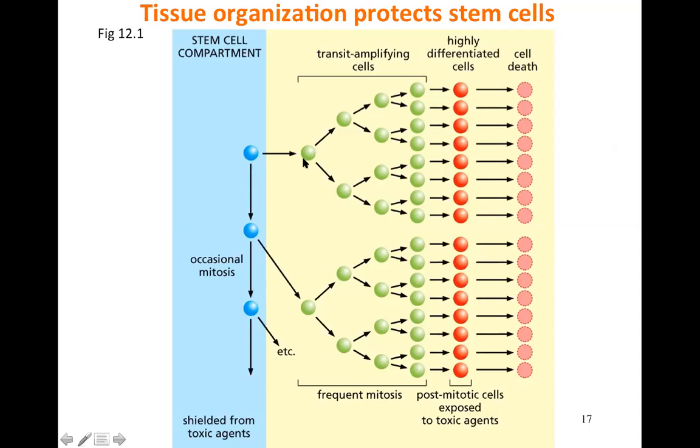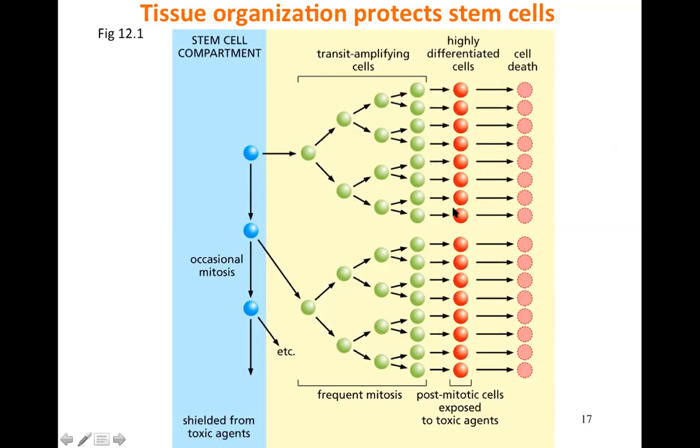This one green daughter cell then becomes part of a transit amplifying cell chain. So in other words, this is the cell that begins to further differentiate, and actually through several rounds of differentiation, you make many highly differentiated cells just from that one cell division of that stem cell back here.